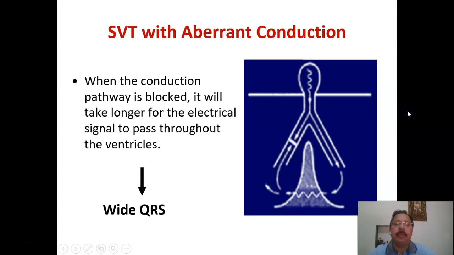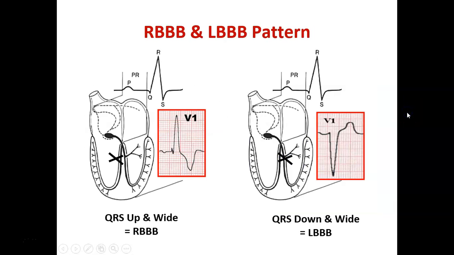See here, the impulse can be blocked at the right bundle branch or at the left bundle branch, and we call them right bundle branch block or left bundle branch block.